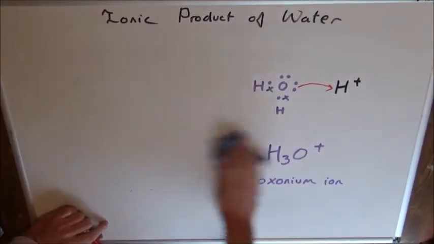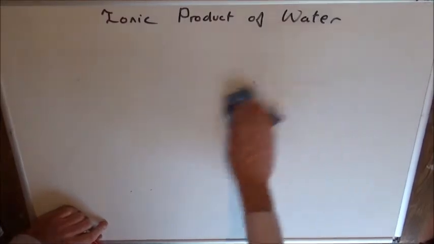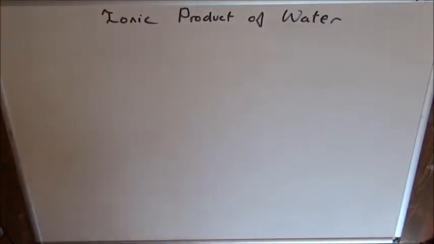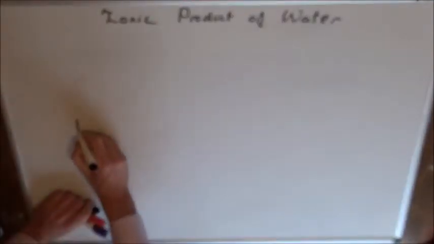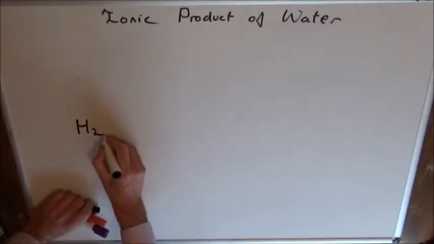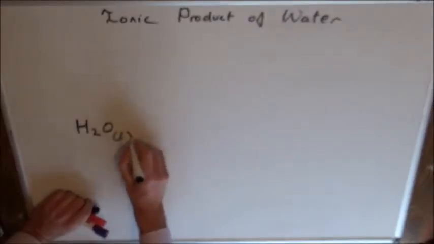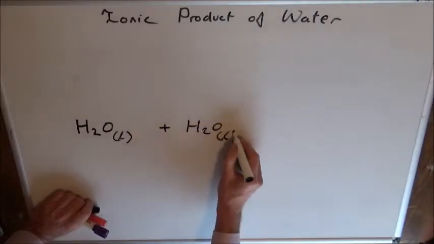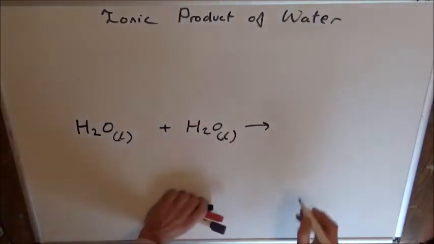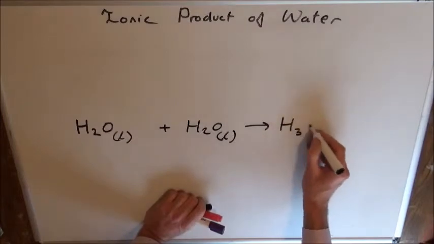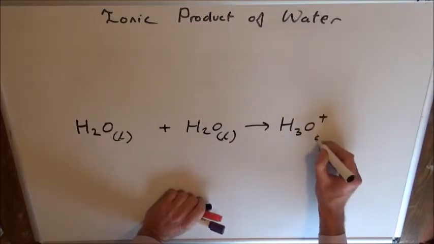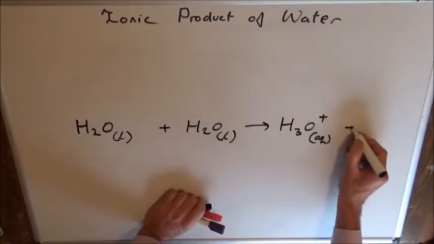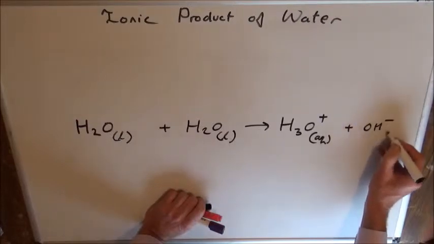I can write this out just as a single reaction. So here we've got the first water molecule, here's the second one, and we get the H3O+ and the OH-.